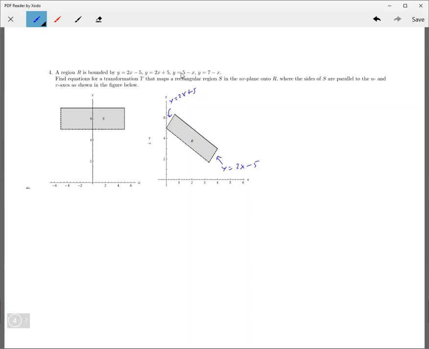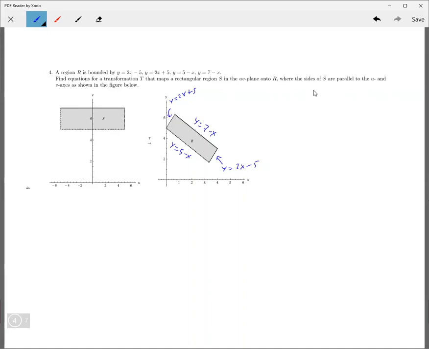And then y equals 5 minus x and 7 minus x. So this is y equals 5 minus x, and this is y equals 7 minus x. Find an equation for a transformation T that maps a rectangular region S, where the sides of S are parallel to the u and v axes as shown in the figure.